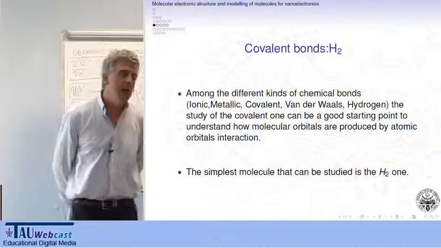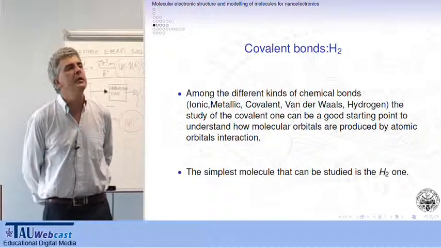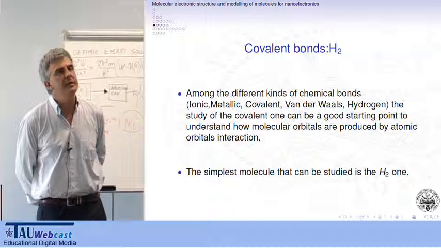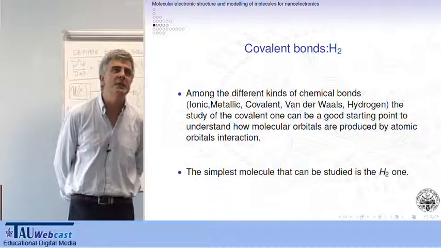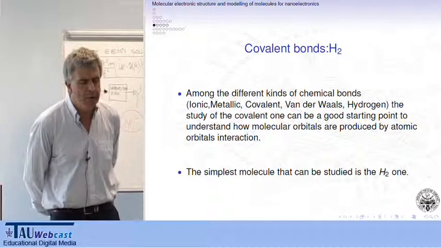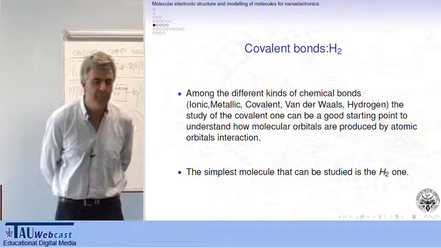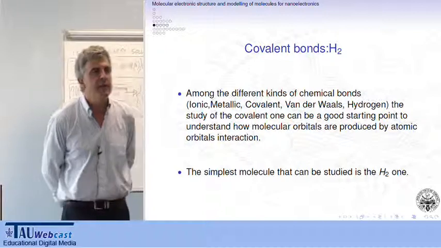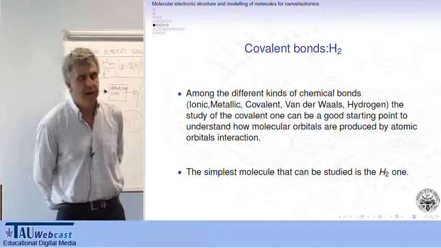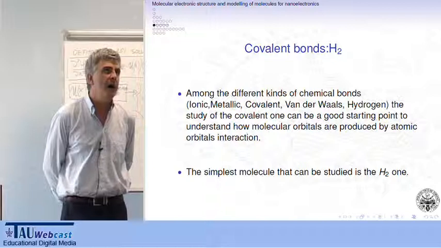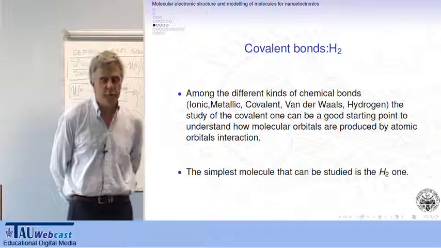Probably, now we are not interested in considering materials, but we are interested in understanding covalent bonds. And the simplest example of a covalent bond is the hydrogen molecule, H2.